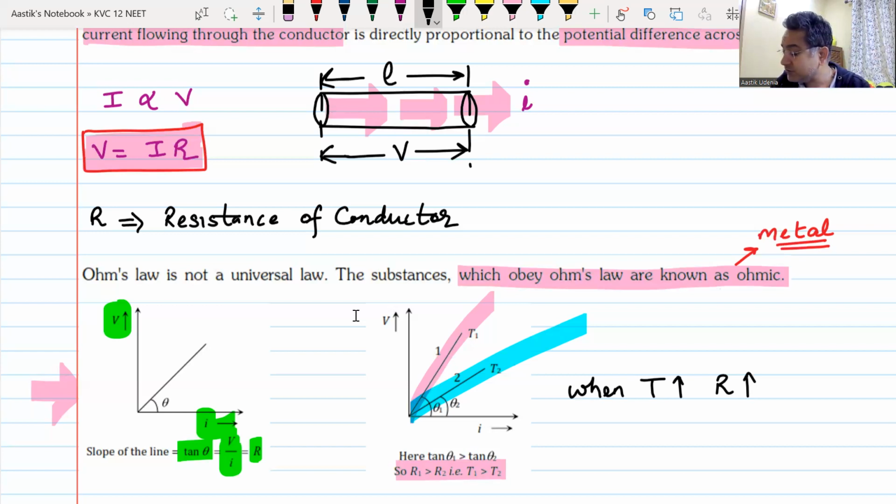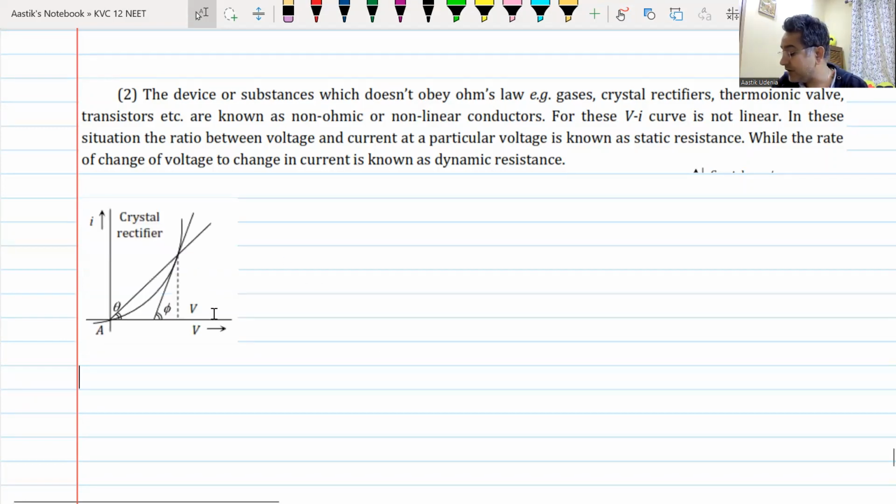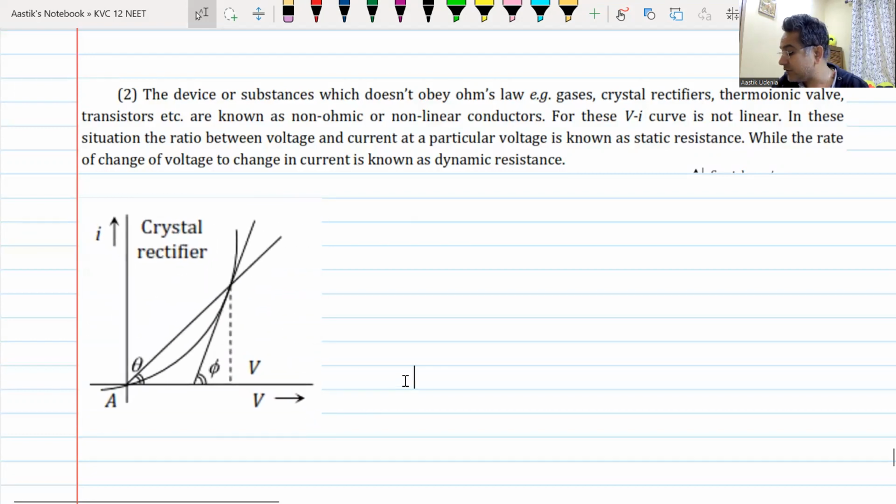Their VI graph will not be a straight line. Their graph could be like this.